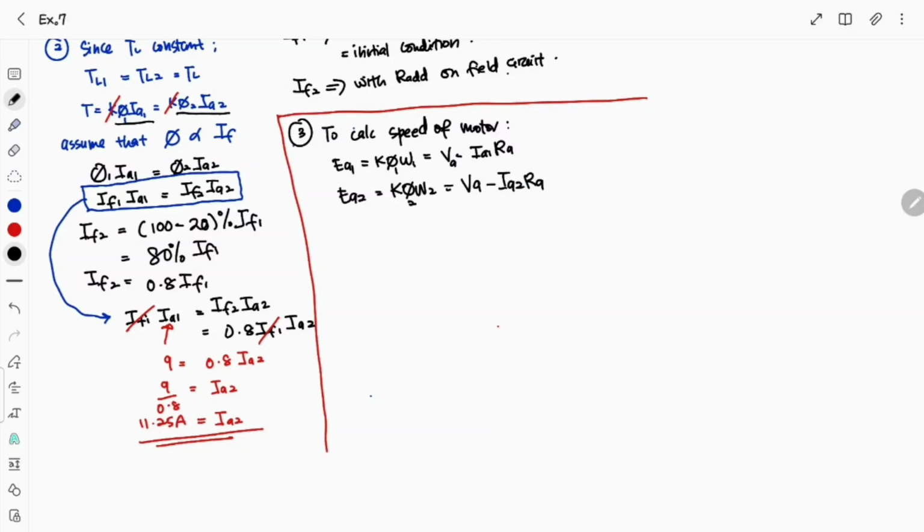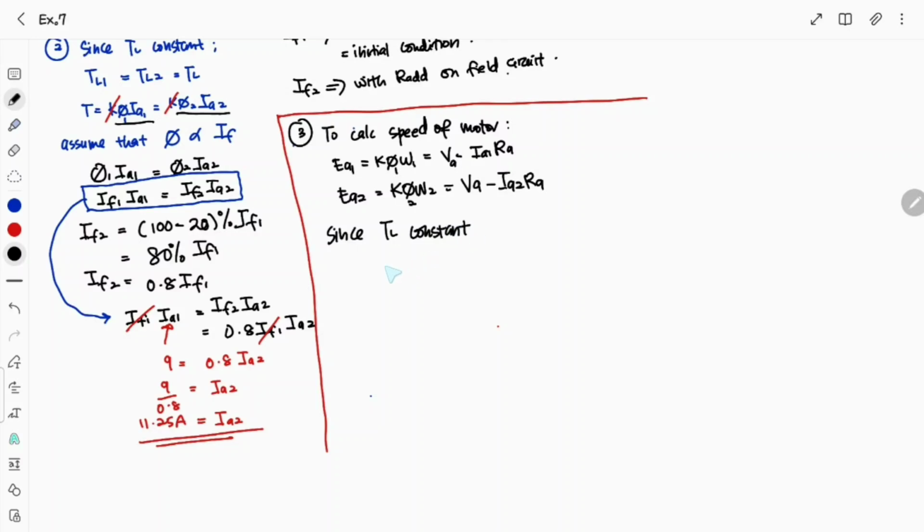We can say that when we add the RF, V does not change. The only change is the flux and motor speed, since the load torque is constant.